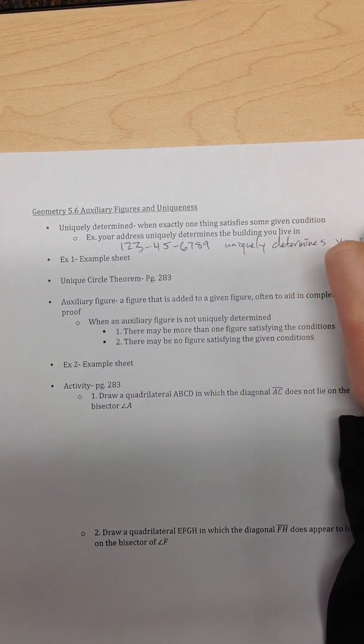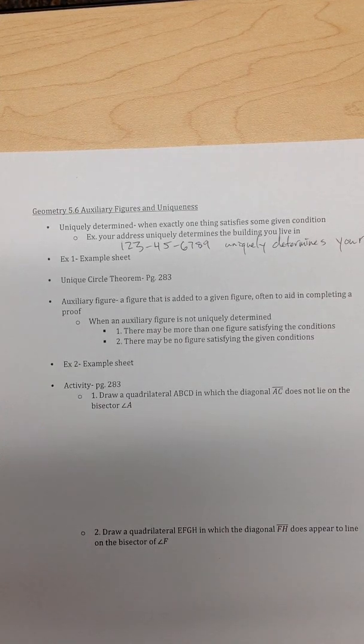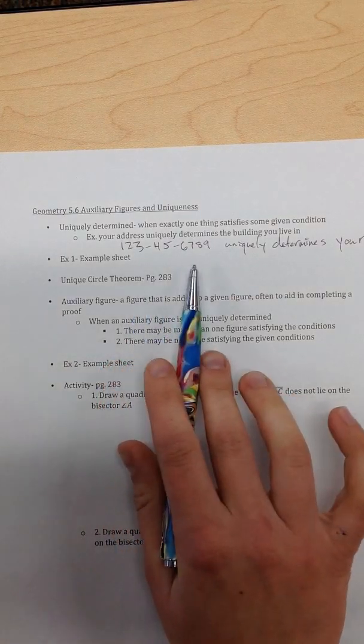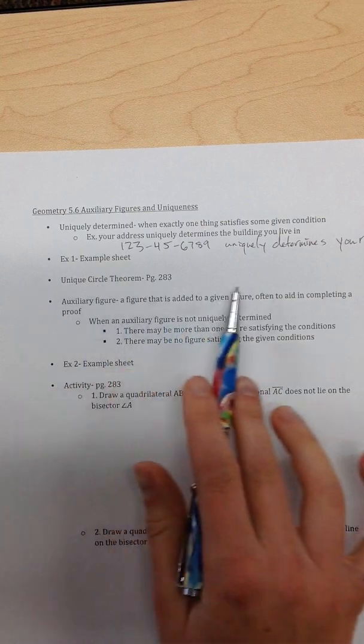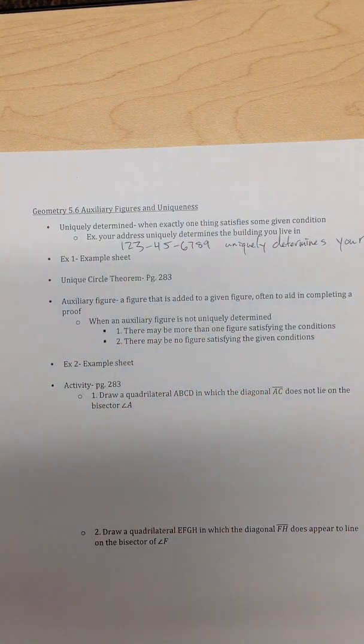Those are just a couple examples of a certain number or address that fits a certain situation, and that's the only possible one. There are not multiple people with this social security number, or multiple buildings with the same address. Otherwise, that would confuse the post office, right?